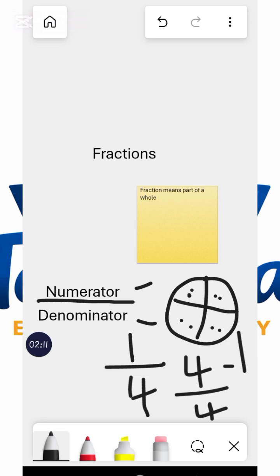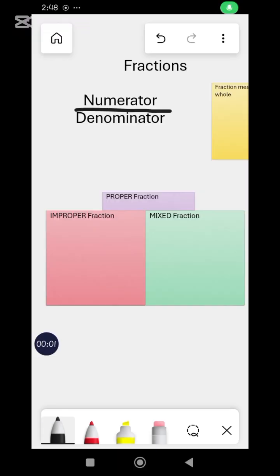So that is what fraction means. Still continuing on fraction, we have three types of fraction. We have the proper fraction, improper fraction, and mixed fraction. So we take it one at a time.